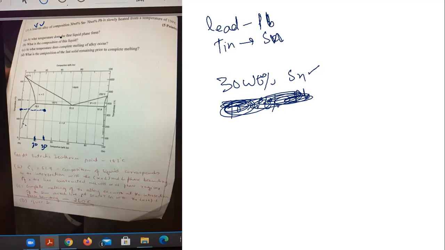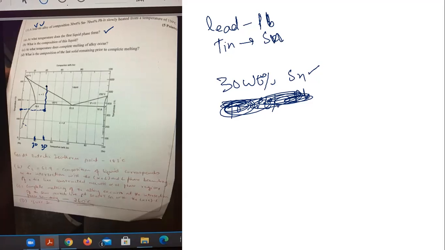Okay, so at what temperature does the first liquid phase form? Now, when you go above, you will draw a straight vertical line from there, right?